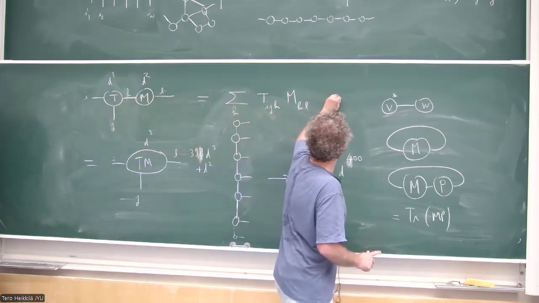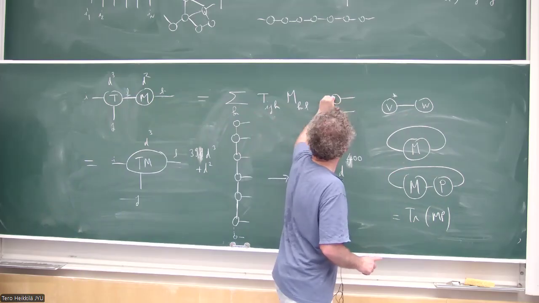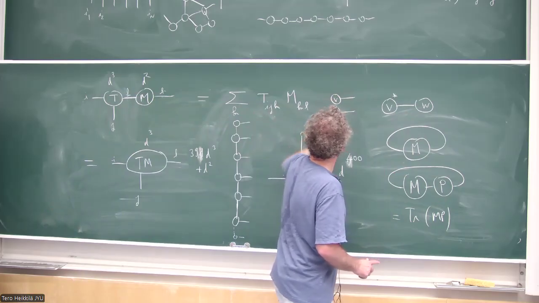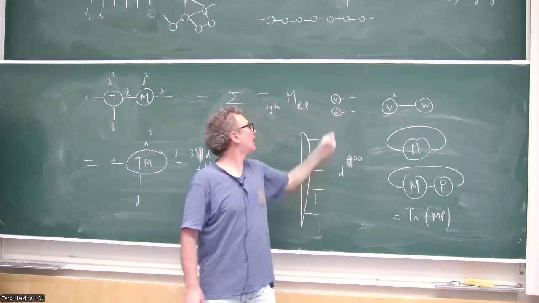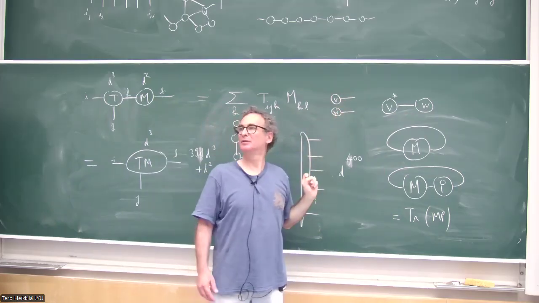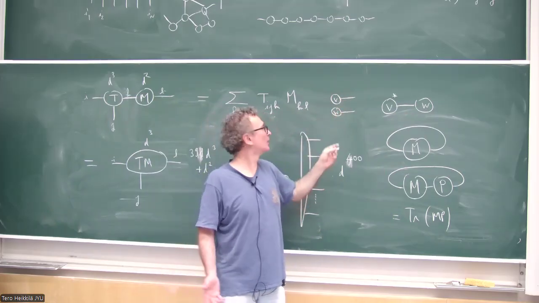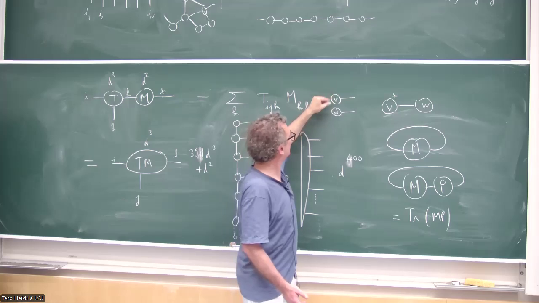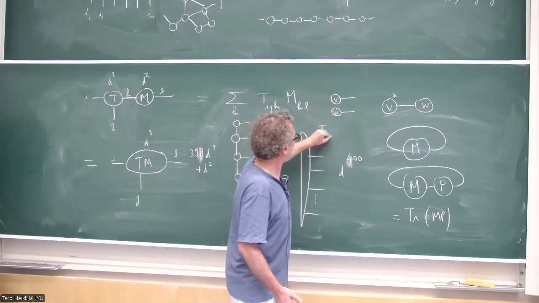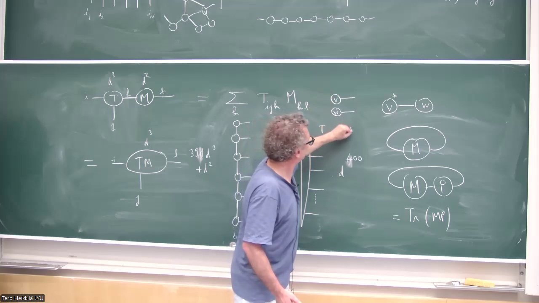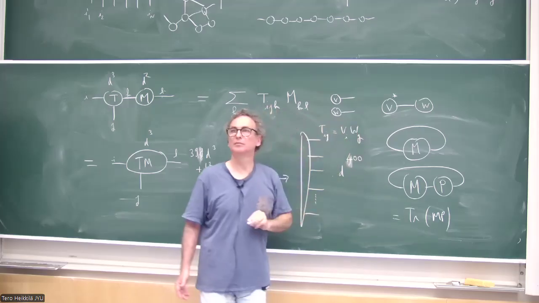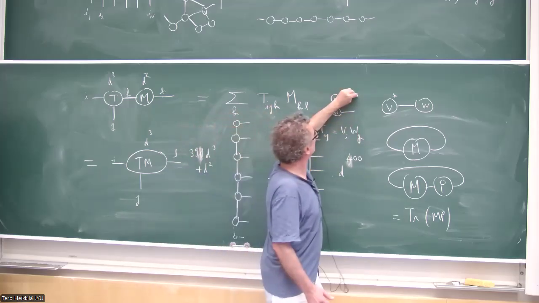This one is actually the outer product of V and W. No summation, so this one is a tensor P_ij equal to V_i W_j.